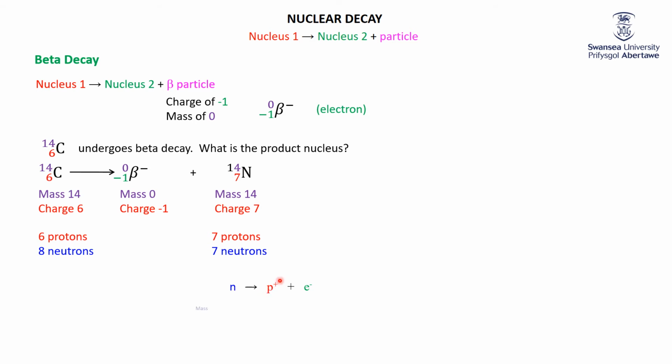If we turn it into a proton, the mass is going to be the same because both neutrons and protons have a mass of 1, but our charge on the left-hand side is 0. Proton's got a charge of +1, so thus the other part of this equation must be something that has a mass of 0 and a charge of -1 in order to balance things out. And of course that is an electron, except we don't call it electrons here, we call it a beta particle.